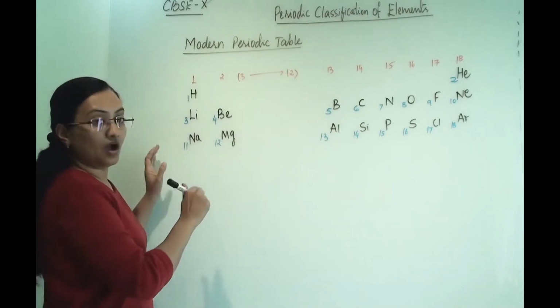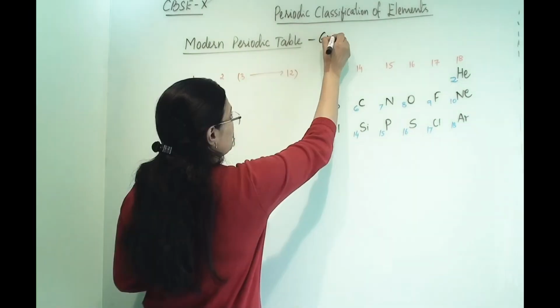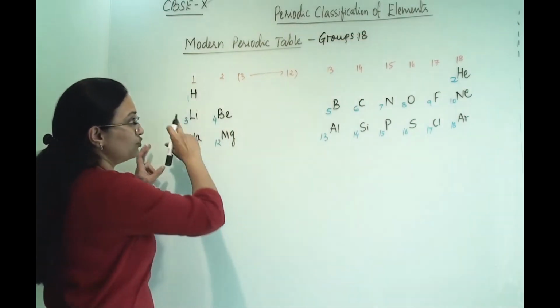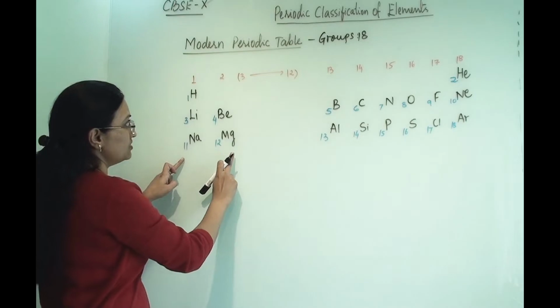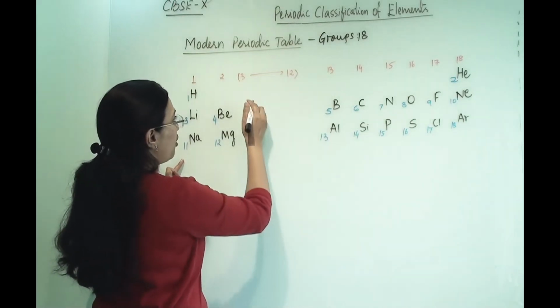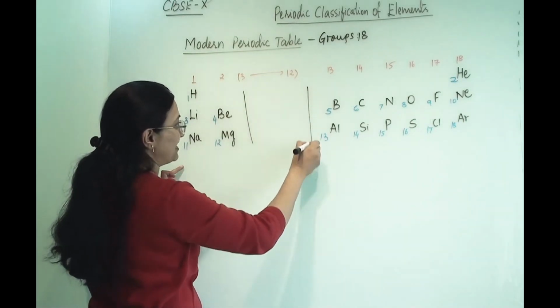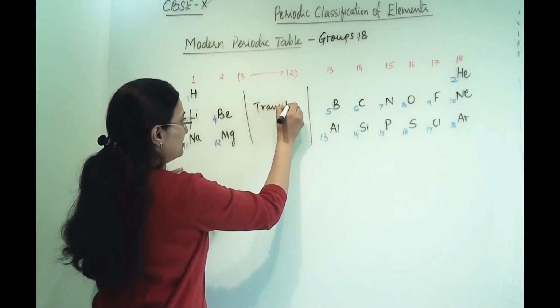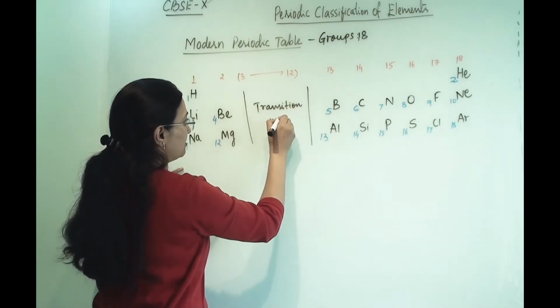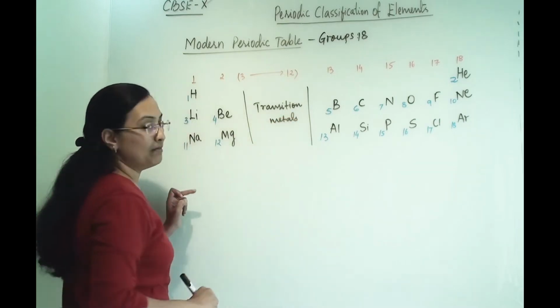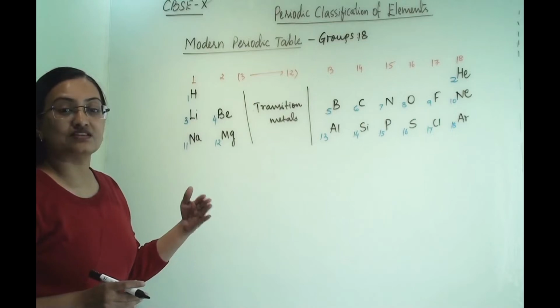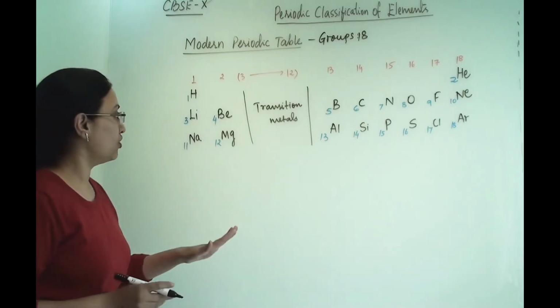So here, how many columns are there? Groups are 18. Total 18 groups are there. This is 1, 2, 3, 4. All these in between are transition metals. Transition metals are also known as metalloids, so they possess properties like metals as well as non-metals.